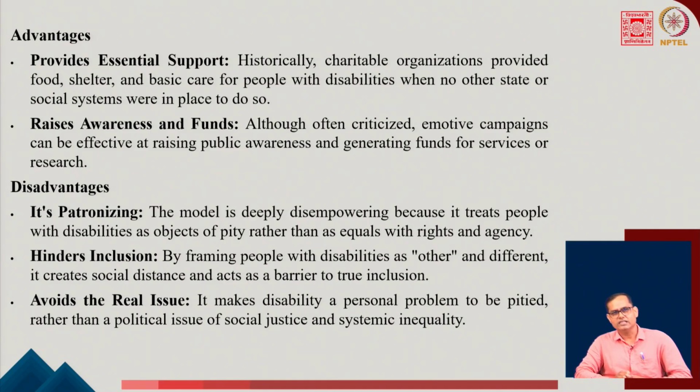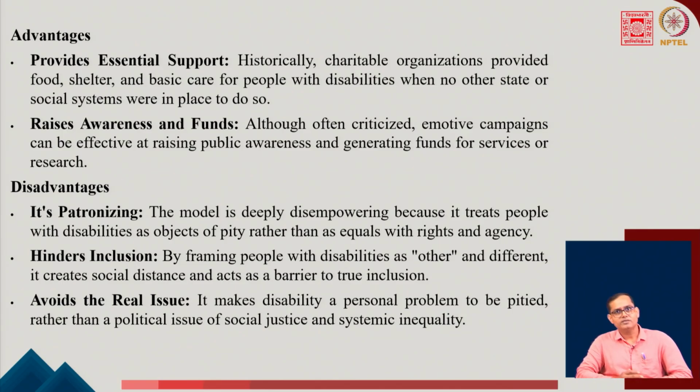There are many disadvantages of this model of disability because it is patronizing. The model is deeply disempowering because it treats people with disabilities as objects of pity rather than as equals with rights and agency. It hinders inclusion.